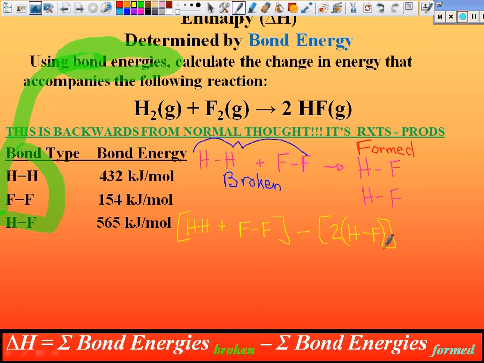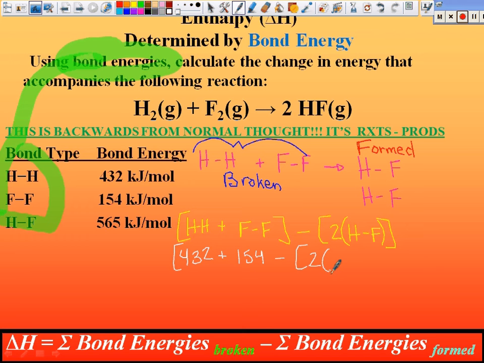And again, I keep saying that because I want you to understand what's going on here. So here's the deal. We've got 432 plus 154 minus 2 times... here's the part where everyone always messes this part up.